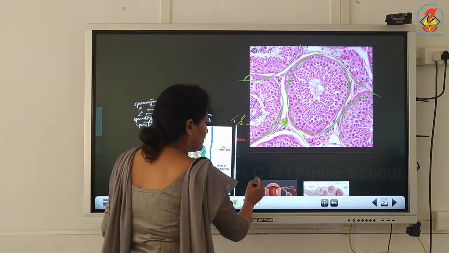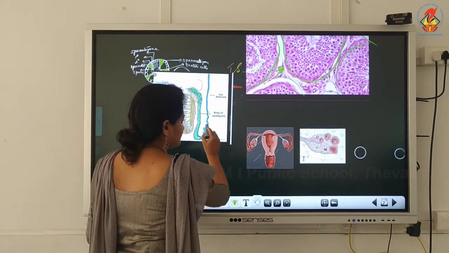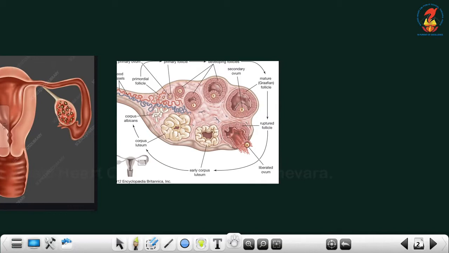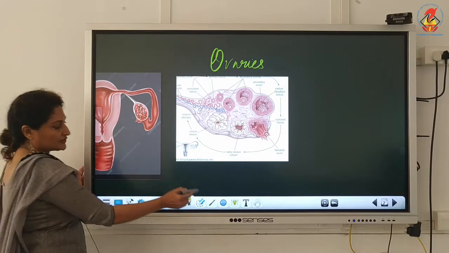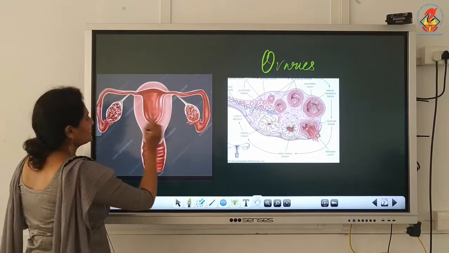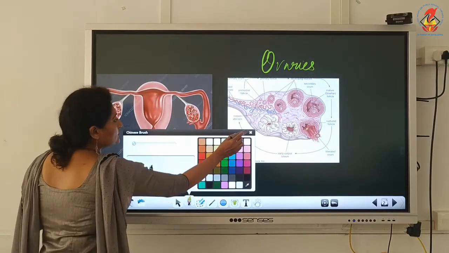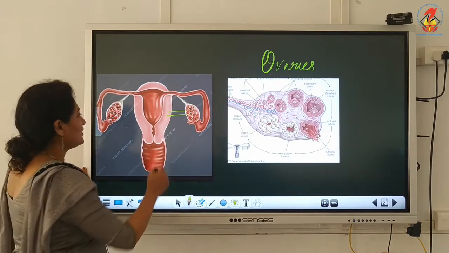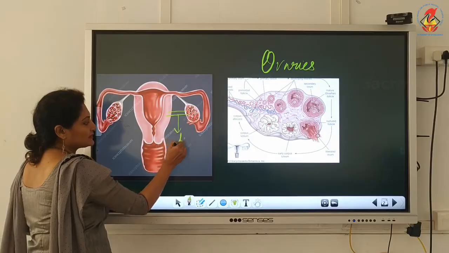Next, moving on to the female reproductive system. Now the female primary sex organ is the ovaries. There is a pair of ovaries. It is on either side of the uterus, held to the uterine walls as well as to the pelvic wall with the help of ligaments.